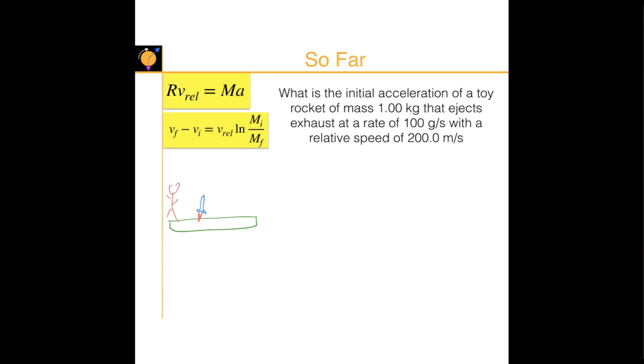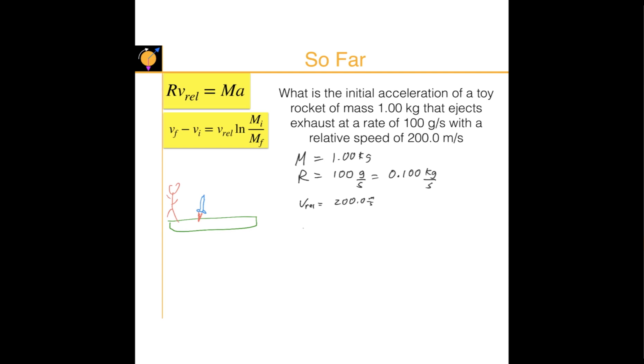At the moment, initially, the mass is 1 kilogram, and its exhaust rate, how fast it's firing out gas, is 100 grams per second, or 0.100 kilograms per second, and it's firing it out at a speed of v relative of 200 meters per second. So we want to know what is the acceleration.